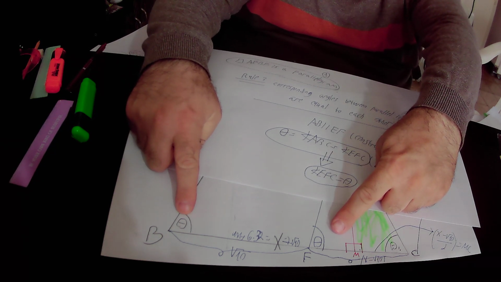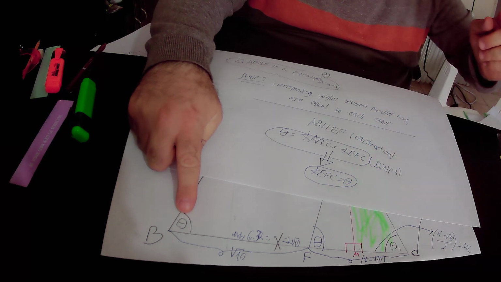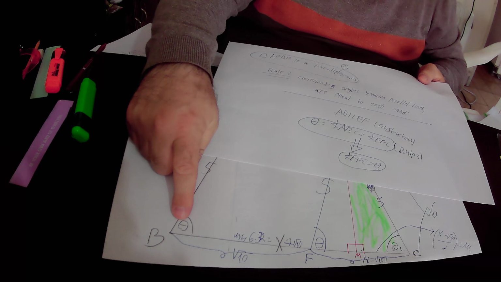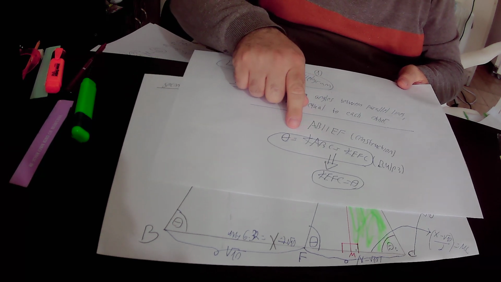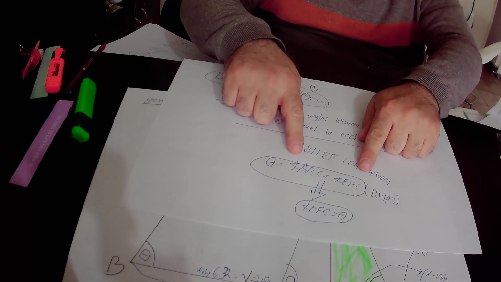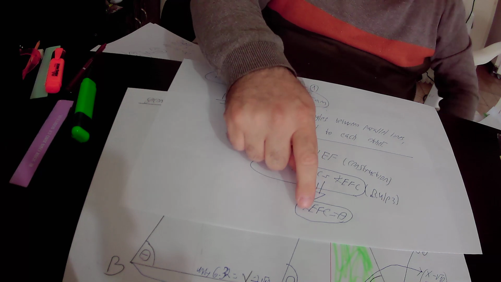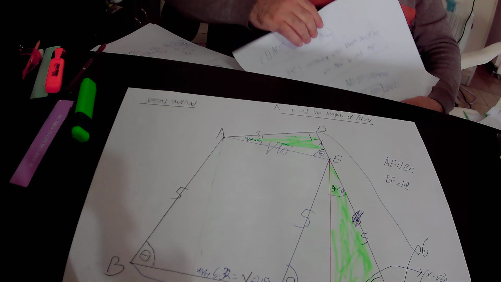That is to say, angle ABC equals angle EFC according to rule number 3. But it is given in the question that this angle equals theta. So angle ABC equals theta. And from this equation, theta equals ABC equals EFC, we derive that angle EFC equals theta. So this angle equals theta. Okay?